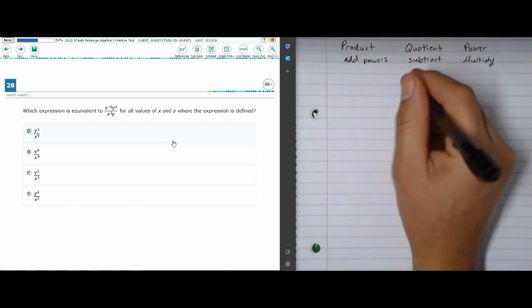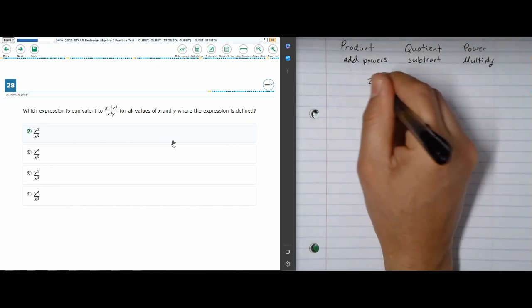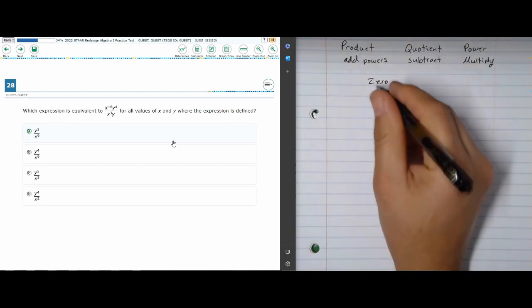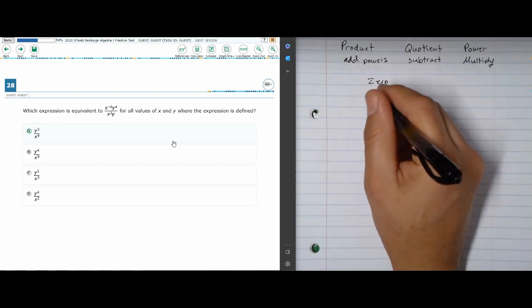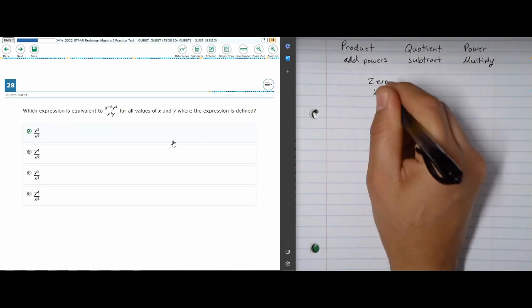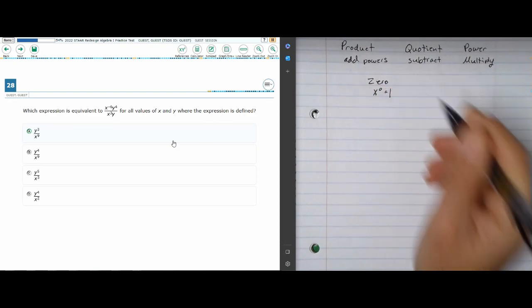And then we had the 0 rule, where anything to the power of 0 is equal to 1.